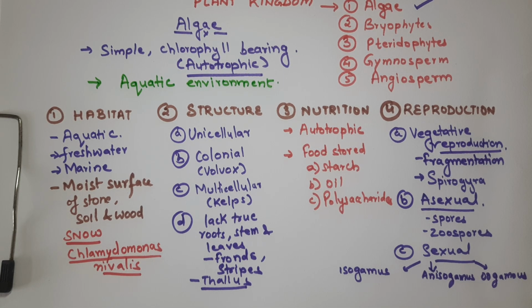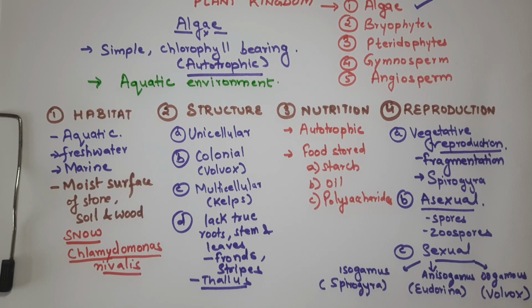The isogamous example includes Spirogyra, and Eudorina will exhibit the anisogamous mode of reproduction, and the oogamous, Volvox will show it.